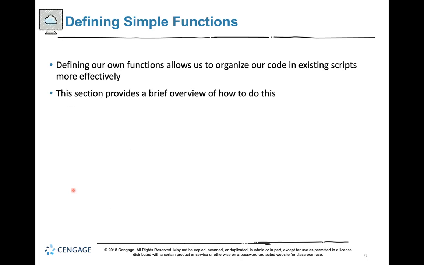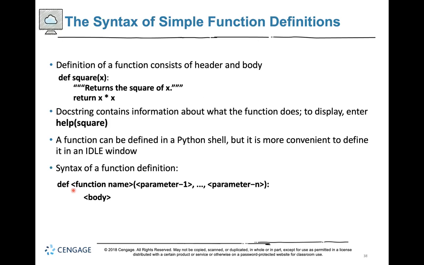Now, let's take a look at just the function. We're seeing how we use a function from a library. How can you define your own functions? So let's look at the simple ways to define a function. You use this def keyword here. Def is short for define. And then it's followed by a function name.